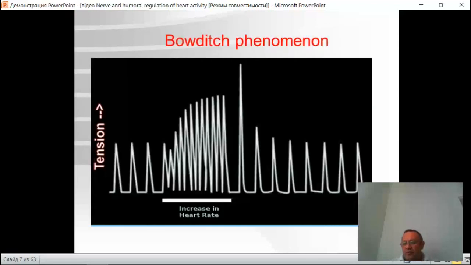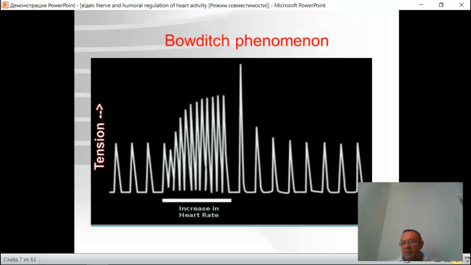Bowditch phenomenon. On the scheme, you can see electrocardiograms during different conditions. An increase in heart rate leads to an increase in the force of heart contraction.